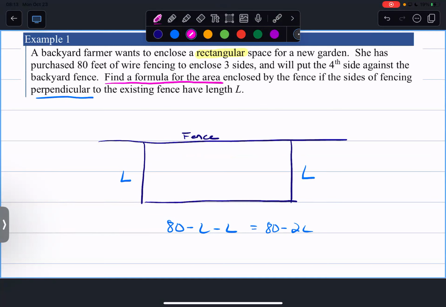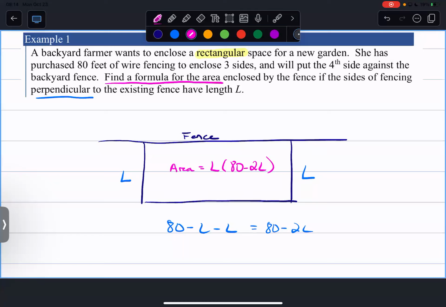Okay, so the area is, well, we know how to find the area of a rectangle, right? Length times the width. So here the area is going to be L times 80 minus 2L.